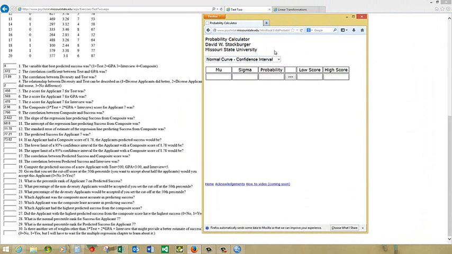Basically, we're going to find a confidence interval where mu is the predicted score, in this case 1.78, which would be 73.82. And sigma would be the standard error of estimate, which is 11.78. And we want a 95% confidence interval.